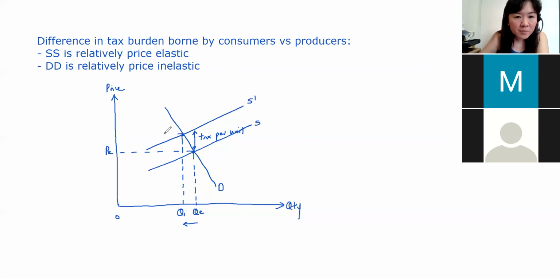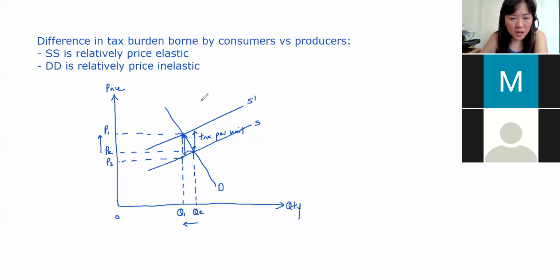Now, the price will have increased from PE to P1, which of course meant that the consumers will now have to pay a much higher price of P1 as opposed to before, when they paid the price of PE. Now, the vertical distance here remains to be the tax per unit of the good. And so we have this. You can label it as P naught, doesn't matter. I'll just label it as PS.